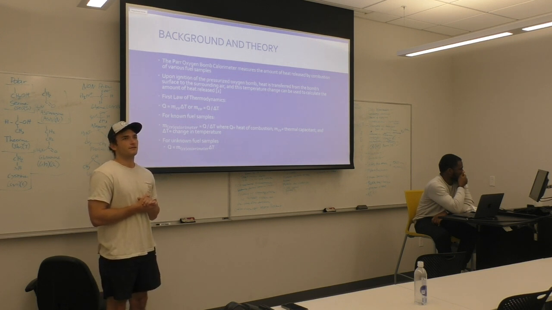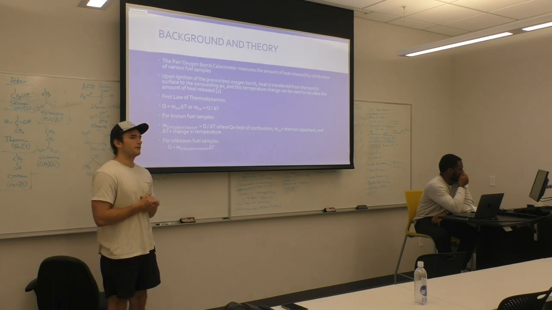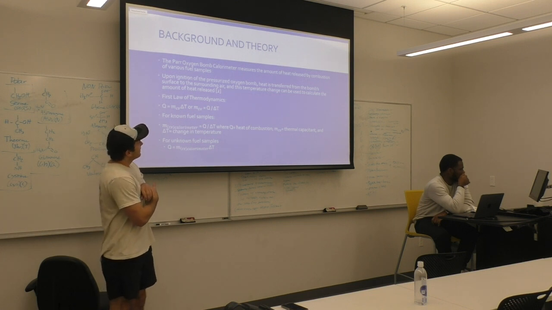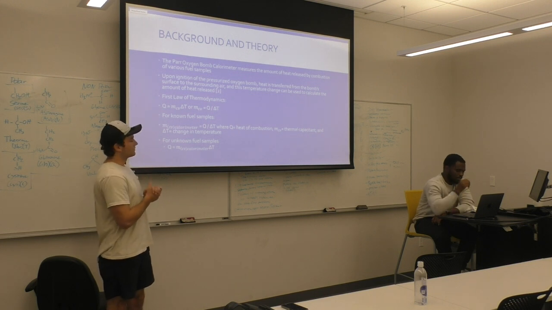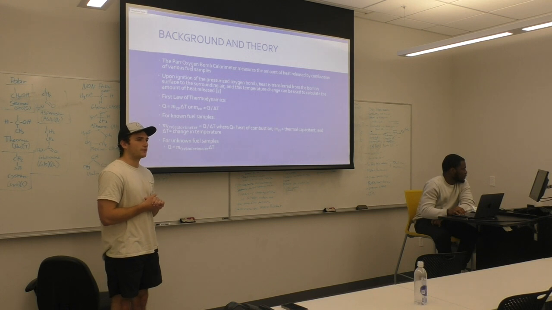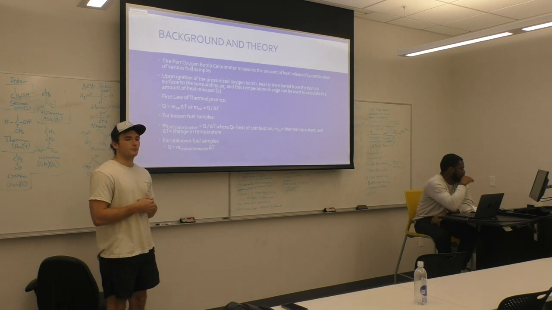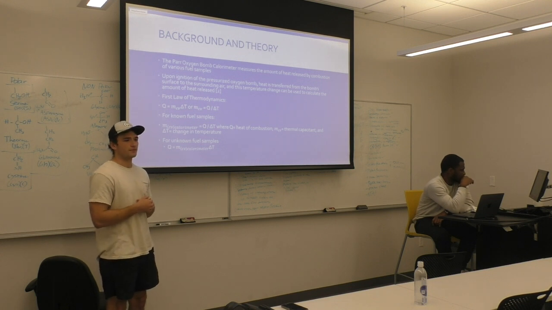The heat of combustion, the Q for the benzoic acid, is already known, and we're going to use that to find the thermal capacitance of the calorimeter. Then you just use the first law of thermodynamics and basically rearrange it two or three times to get all your values. Once you have the thermal capacitance of the calorimeter, you can use that to find the heat of combustion for the unknown fuel sample, or the gummy.